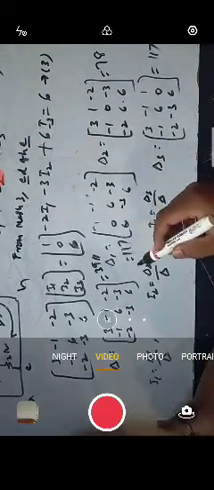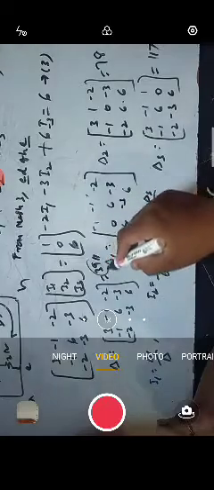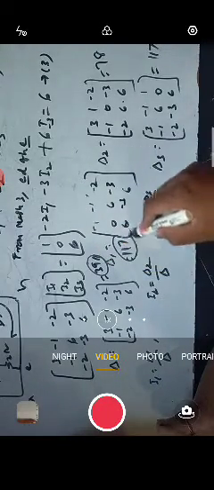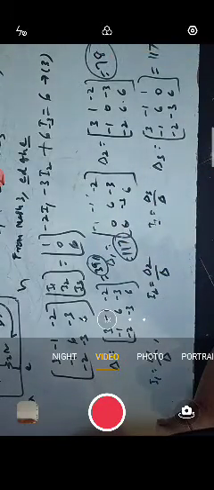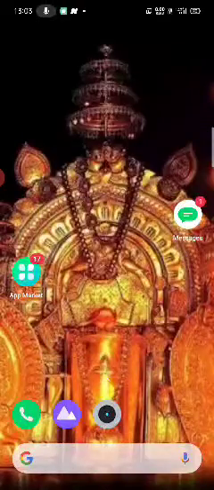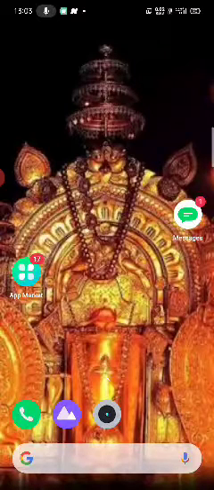See what is delta? Delta is 39. Delta 1 is 117. Delta 2 is 78. Delta 3 is 117.